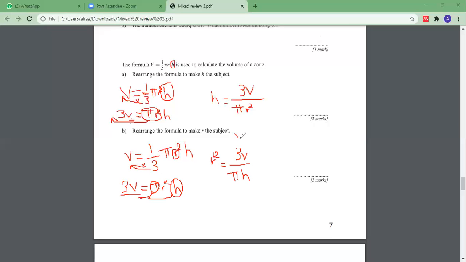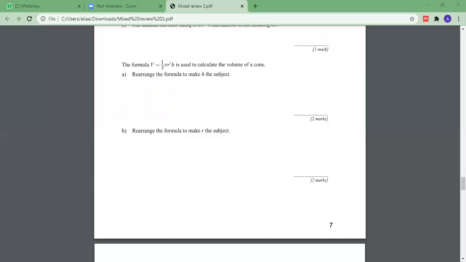By the square root. So r is going to be equal to the square root of 3V over pi h. Okay. Let's see the next question.